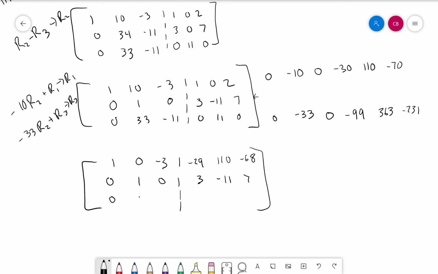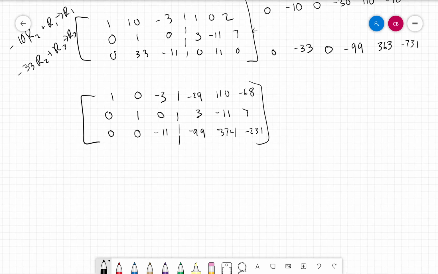33 and 0 is 33 and negative 33 is 0. 0 and negative 11 is negative 11. Negative 99 and 0 is negative 99. 11 and 363, I think that's 374. Yep, 374. And negative 231 and 0 is negative 231.